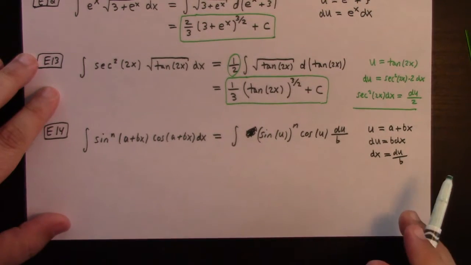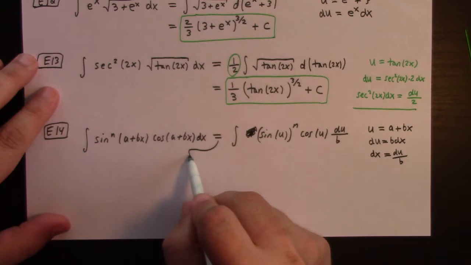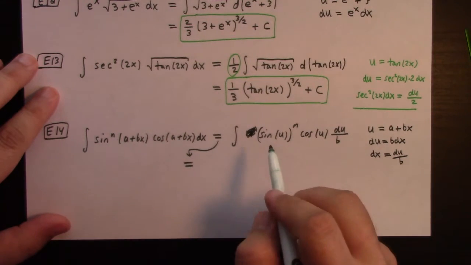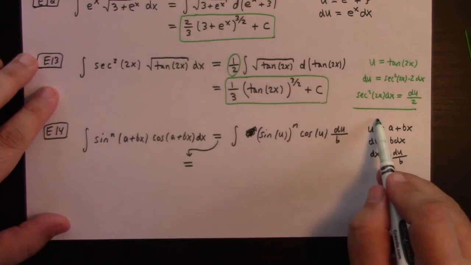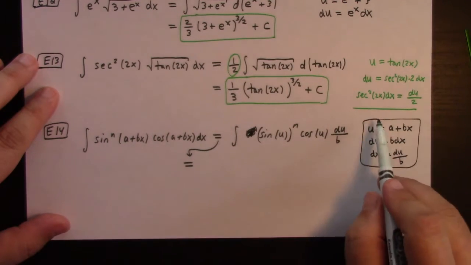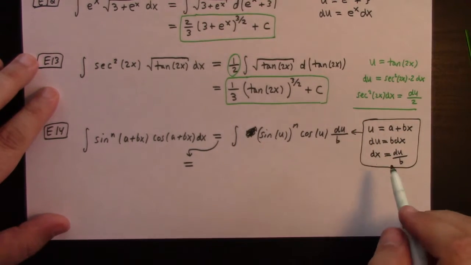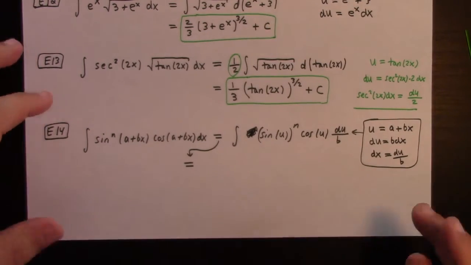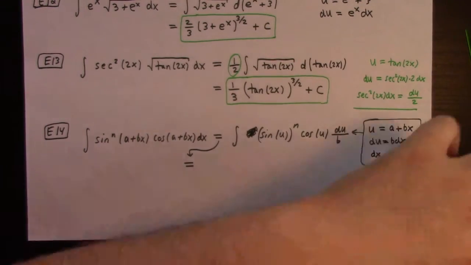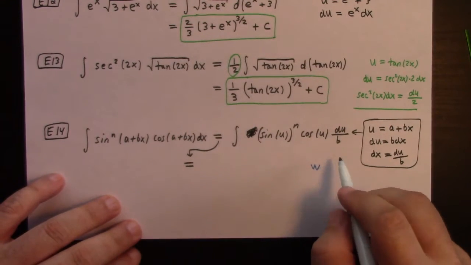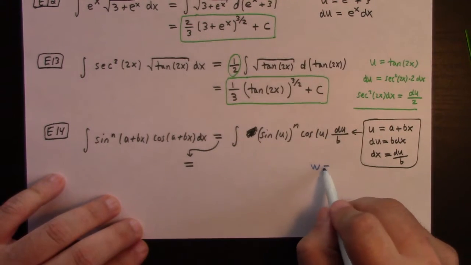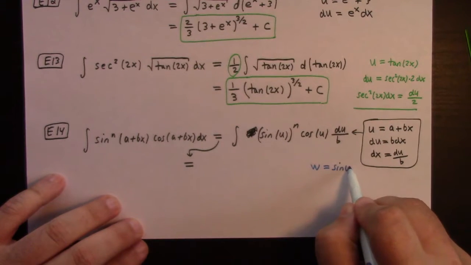Now, suppose you have to make two substitutions. Clearly, the next substitution is w. It's a second u. So w equals sine of u, right?